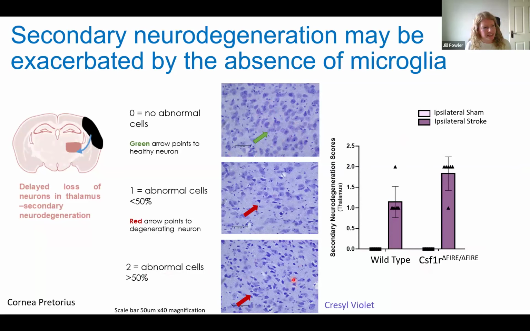And interestingly, she graded, obviously in a blinded way, but it turned out that most of the mice with score 2, which had most secondary neurodegeneration, actually came in the FIRE knockout mice. So this perhaps suggests that these microglial changes that we're seeing in thalamus are part of a protective response, and when we don't have them there, we're maybe seeing more secondary neurodegeneration. But we're interested to find out more about this, and we want to try and do longer term studies.